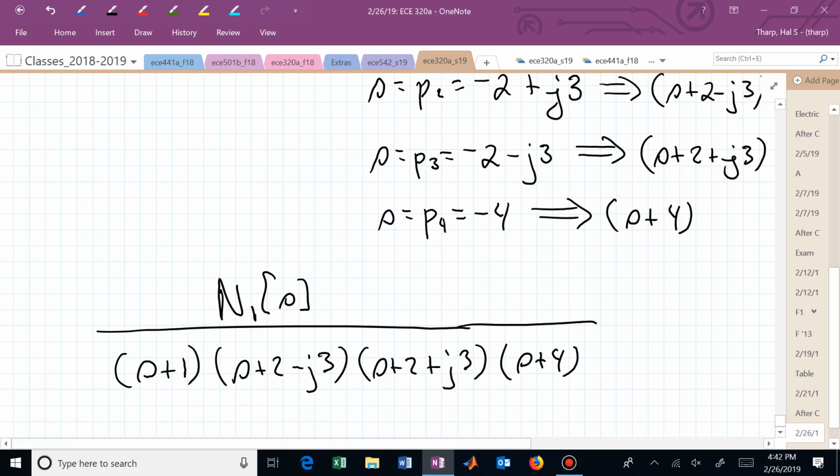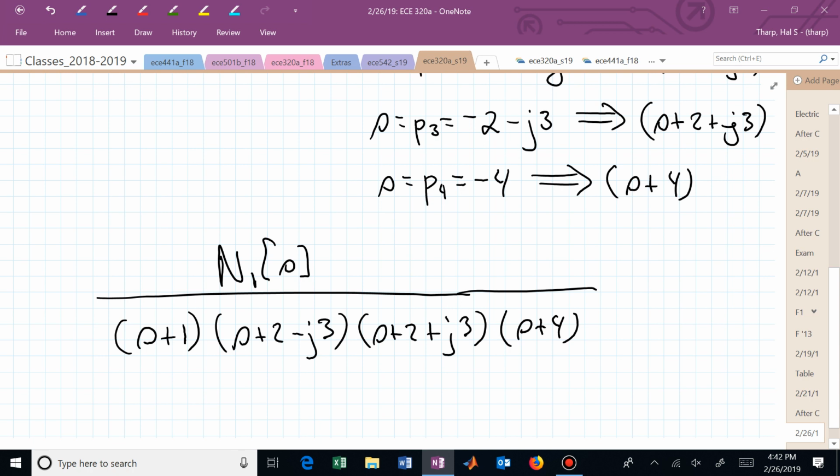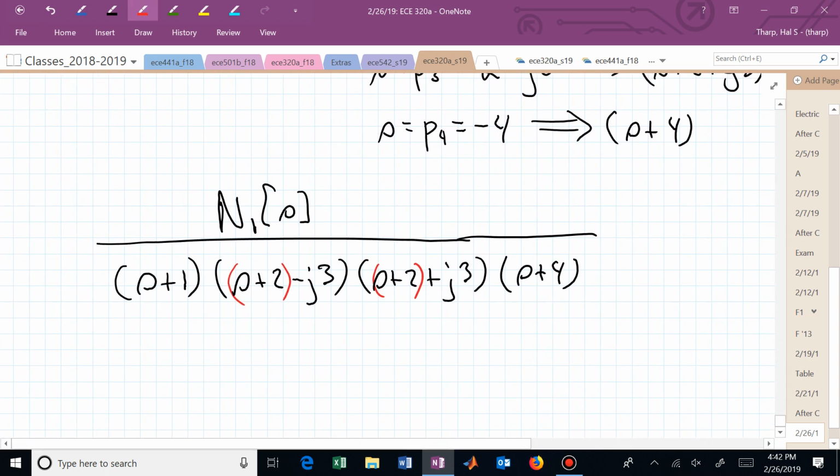And I know you want to just go home and play with this, but I want to play with it now. So here is another way of convincing yourself of what we'd seen before. If I now multiply this out, do you see that I have an S plus 2 squared? The cross terms cancel because one gets scaled by j3, the other gets scaled by minus j3.